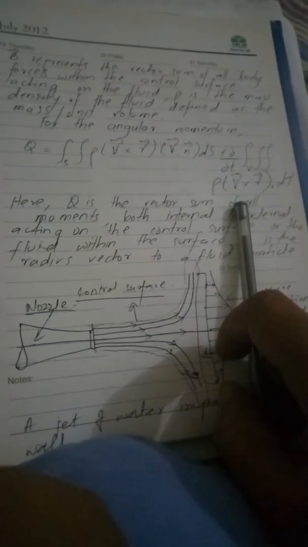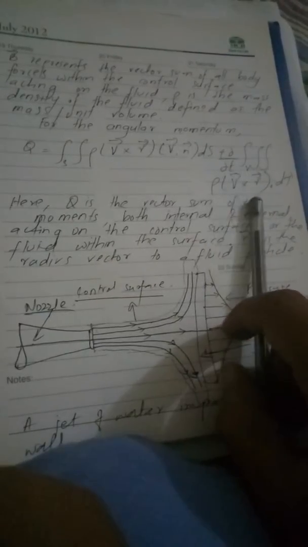That will be Q, equal to the surface integral of rho V, cross R, times V dot n dS, plus d over dt of the volume integral of rho R cross V dV. This is how it is expressed for the angular momentum.